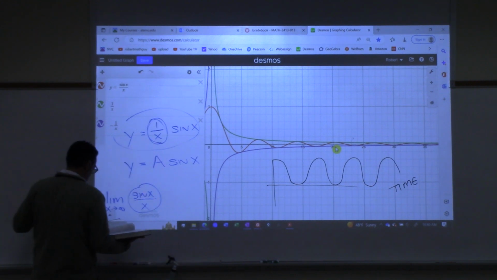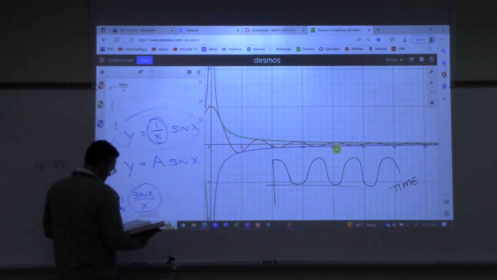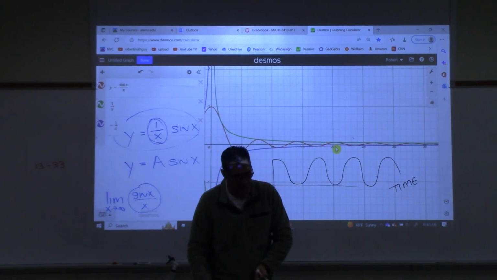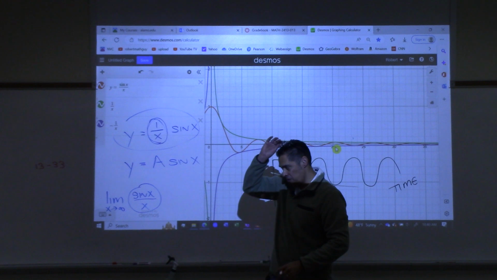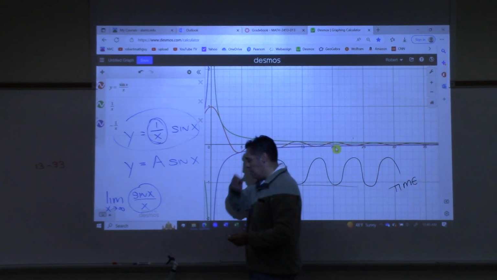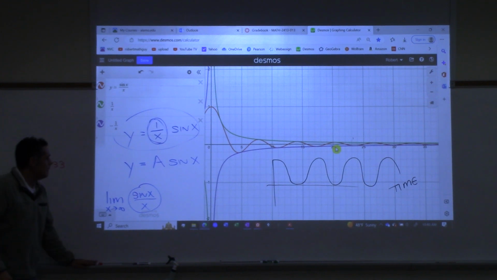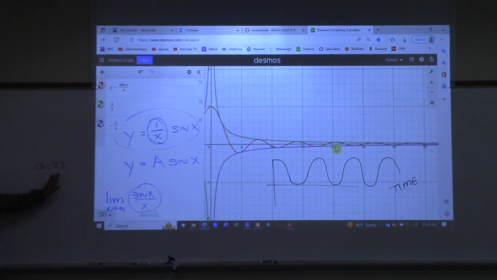Focus your attention on 13 through 33. You're going to have some issues, all right? Because I always leave things in the homework for you to investigate and discover on your own. But I would start with all the odds, and then when you do the odds, go after the evens.